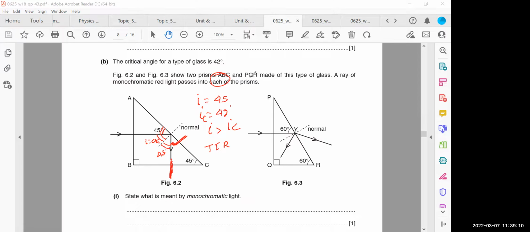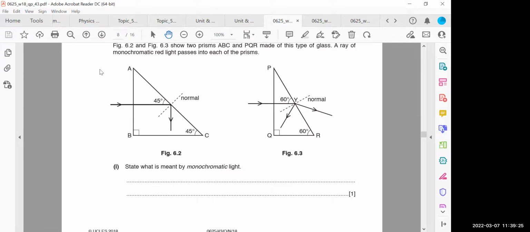Now the next part is for Meher and Jordan. Both of you please get ready, and Abhi and Kartikesh, you also. In figure PQR, what is happening with the incident ray? What phenomenon is there?